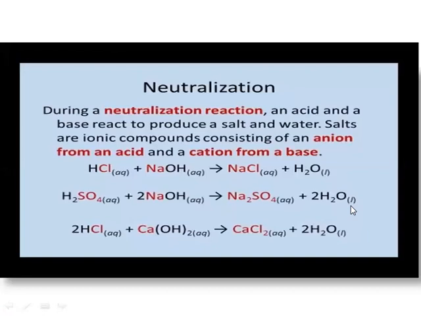During a neutralization reaction, an acid and a base react to produce a salt and water along with the release of heat. So most of the neutralization reactions are exothermic reactions. Salts are ionic compounds consisting of an anion from an acid and a cation from a base.